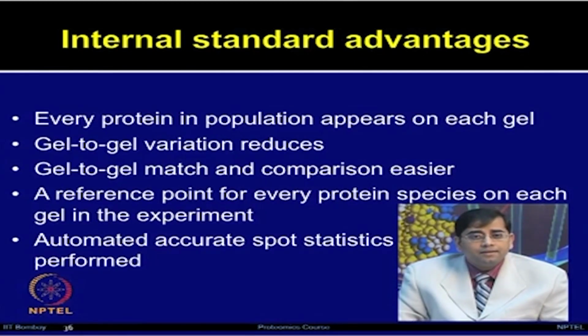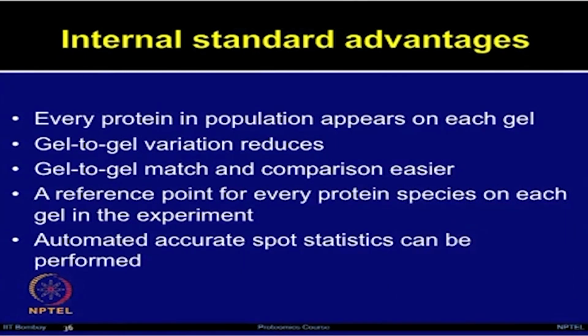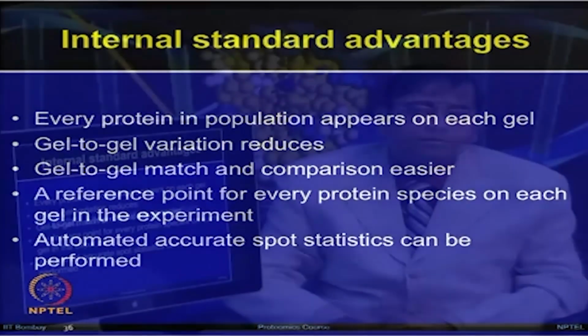This internal standard is creating a reference point for every protein on each gel in the experiment. Later on, when software performs data analysis, this results in accurate spot statistics and more meaningful biological data can be interpreted from this analysis.